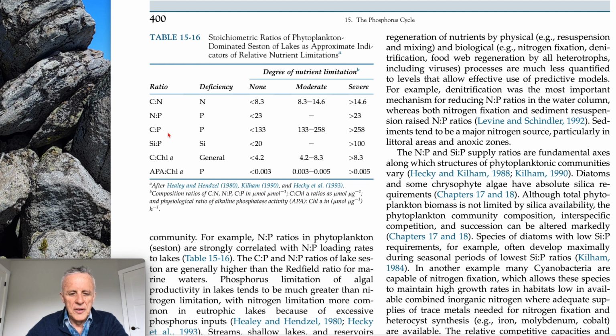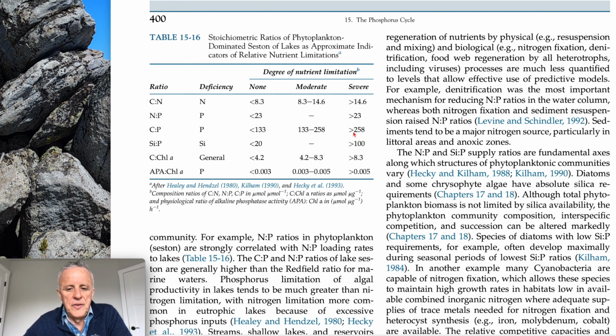Then what is interesting is, for example, if we now jump into the phosphorus-based ratio, carbon to phosphorus, the deficiency is phosphorus, and therefore here it takes a lot of carbon to reach that phosphorus deficiency, up to like 258.